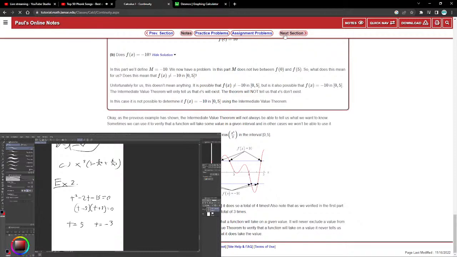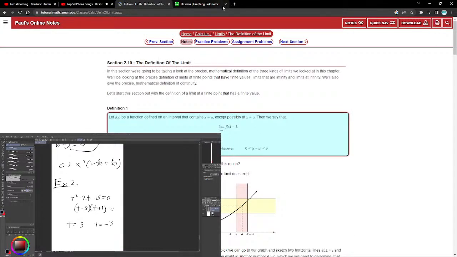Okay, I'm skimming through this because I really just want to move on. Precise mathematical definition of 3 kinds of limits we looked at in this chapter.